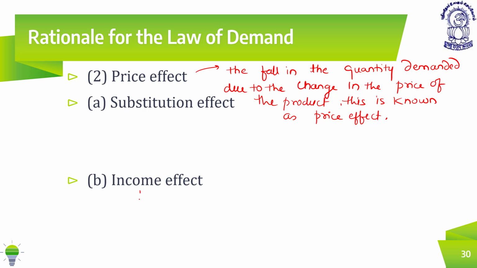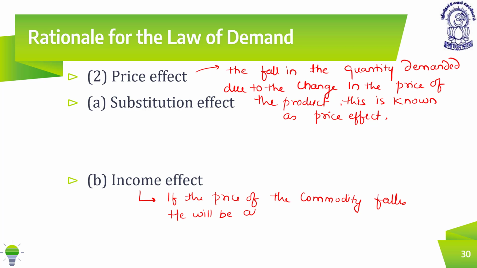You're getting it? So if the price of the commodity falls, he will be able to buy more units of the same commodity, isn't it?